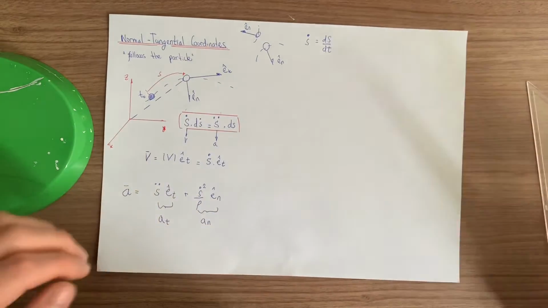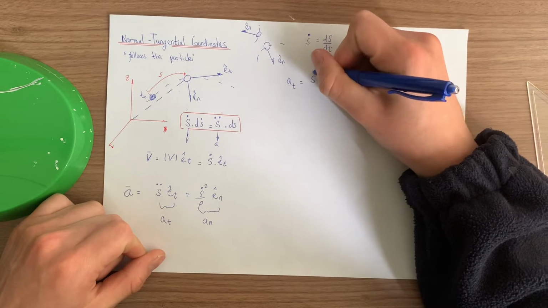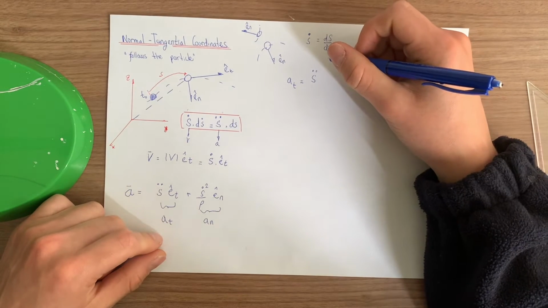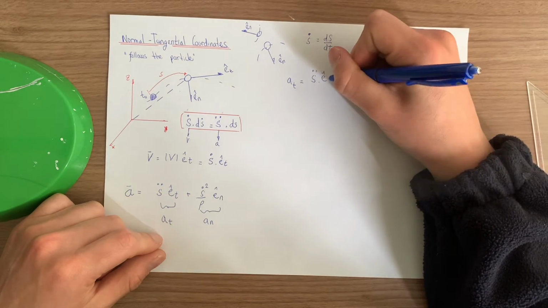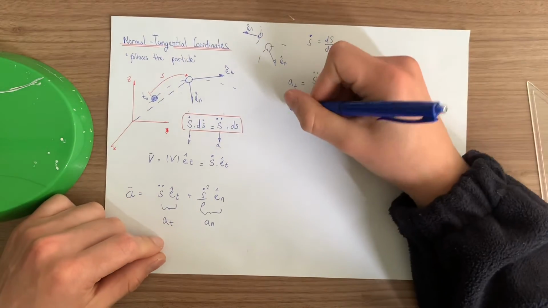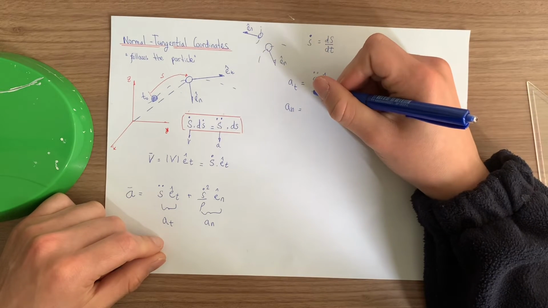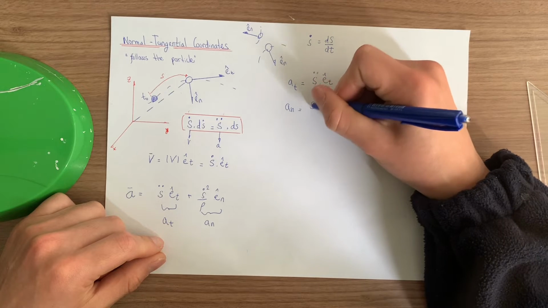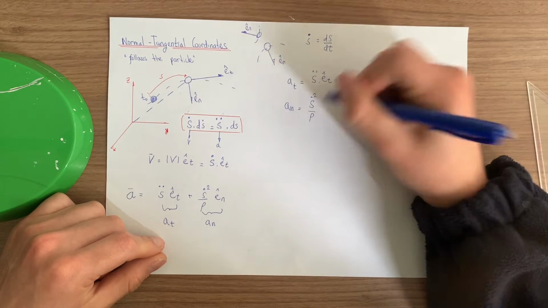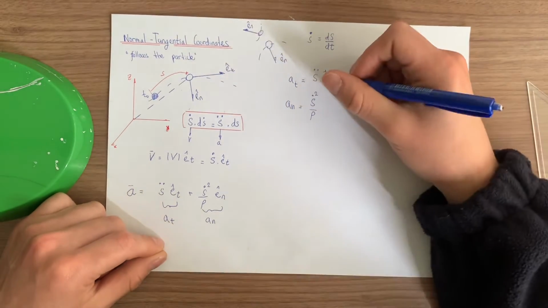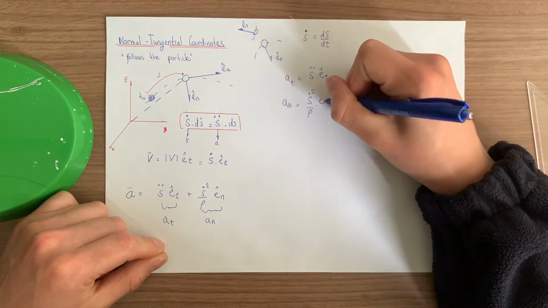So we can put it in this way. Tangential acceleration equals S 2 points times the tangential vector, and the normal acceleration equals S point squared over the radius of the curve in that exact moment, because it can change, times the normal vector.